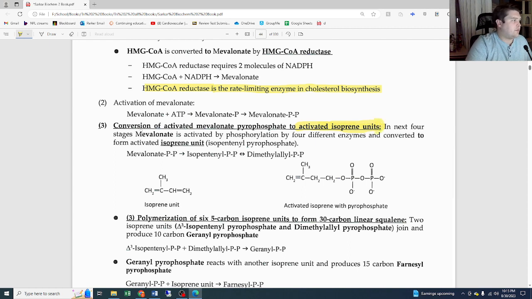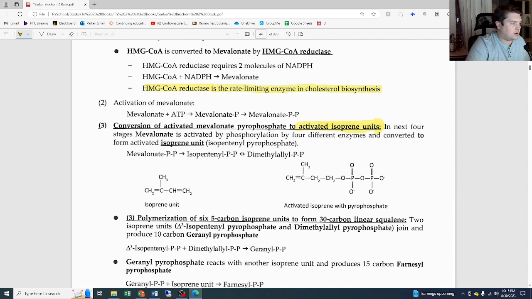So in the next 4 stages, mevalonate is activated by phosphorylation by 4 different enzymes and converted to form activated isoprene unit, also called isopentenyl pyrophosphate.